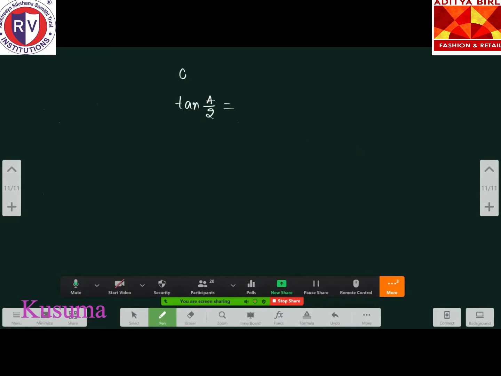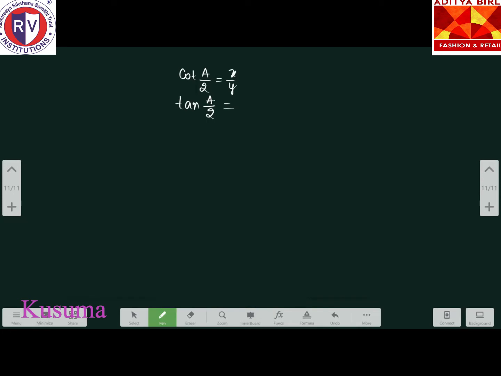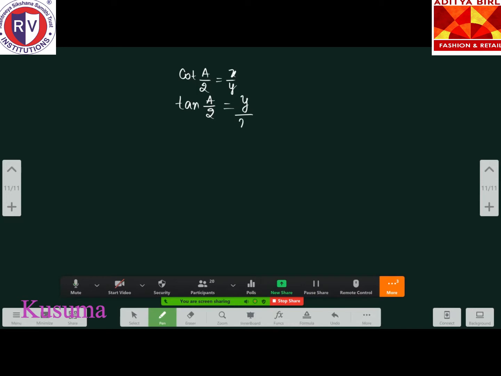It is 1 by cot A by 2, that is 1 by x by y, which is nothing but y by x. So tan A by 2 is equal to y by x.